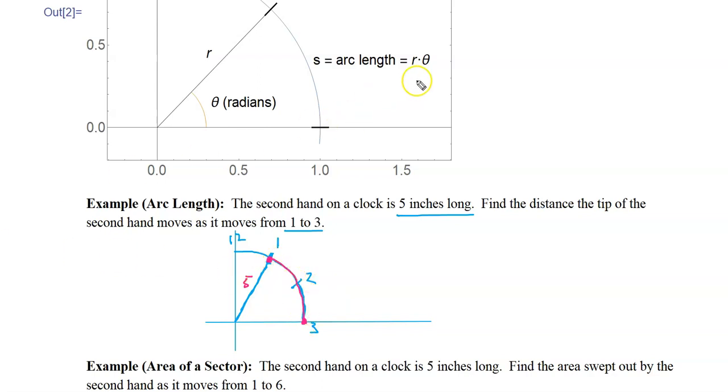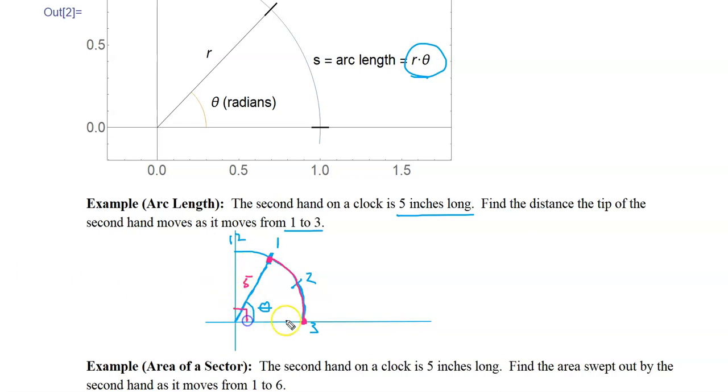Well, from our formula up here, we simply have to multiply the radius, which is 5 in this case, times the angle theta. And we have to find out what is this angle theta right here. Well, notice that this is a 90-degree angle right here.